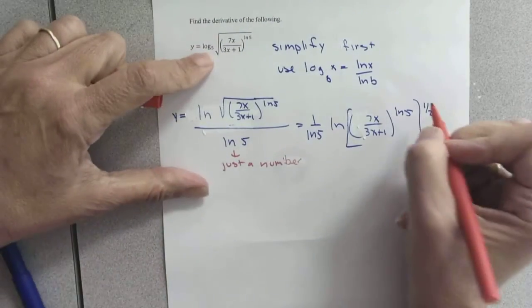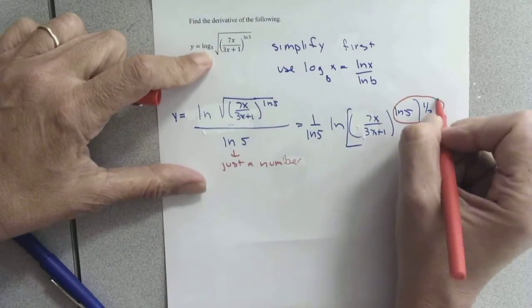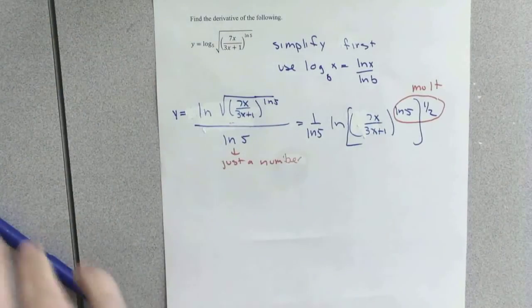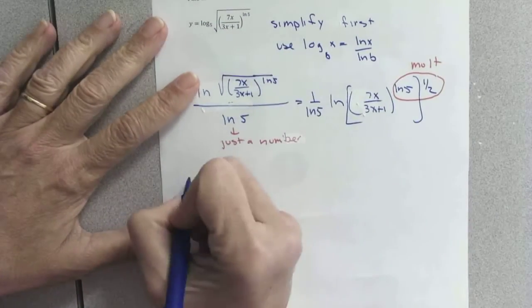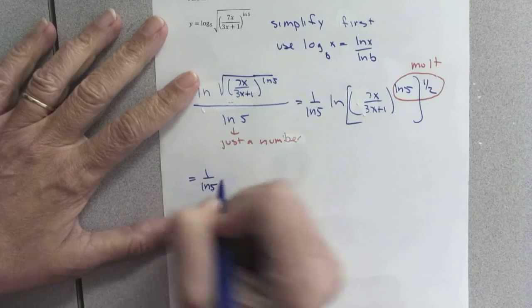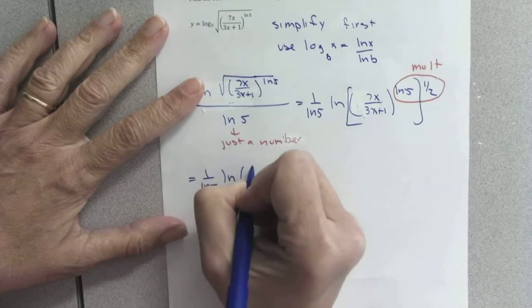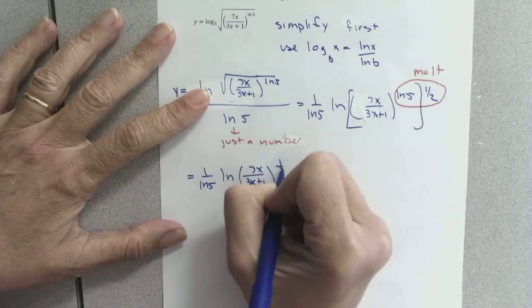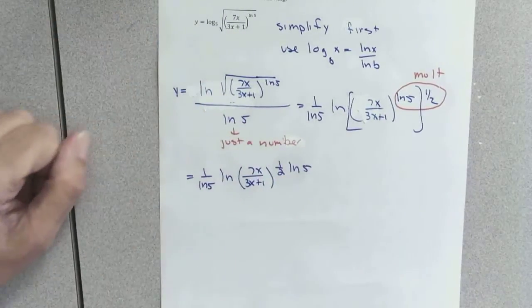Keep simplifying. Exponents to exponents, we multiply. This is 1 over the natural log of 5 times the natural log of 7x over 3x plus 1 to the 1/2 natural log of 5.